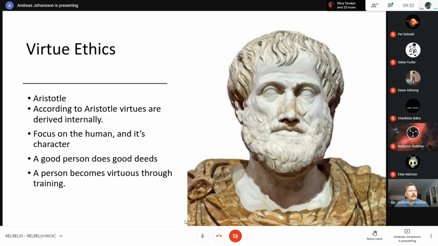Personally, and I'm not going to point out too much critique against this model, I do think that virtue ethics might be a little bit outdated, and it might be hard to use as a guideline when you are faced with a tricky situation or a moral dilemma that you need to solve. I don't think anyone in this class, or I myself, goes around day to day thinking, oh, now I'm being virtuous.